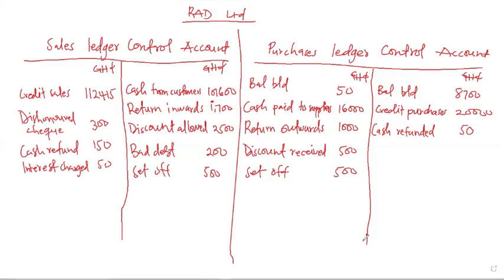Do you get it? Let me do it over here. Let's say this one is account A. For us to say that this account A has a debit balance, it means the balance brought down is on the debit side. That is what we mean.